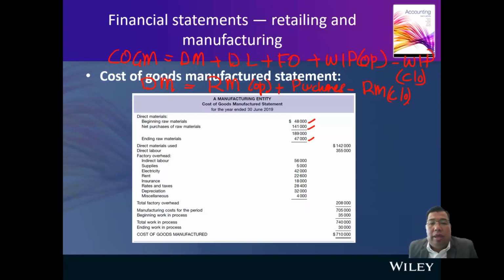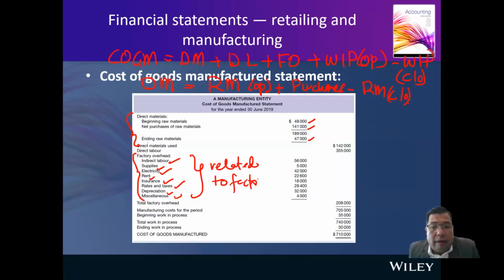This is the formula for direct material. Direct labor is straightforward. Factory overhead is all the costs related to the factory. It can be indirect labor, supplies, electricity, rent, insurance, rent and taxes, depreciation, miscellaneous related to the factory. Not selling, related to the factory.